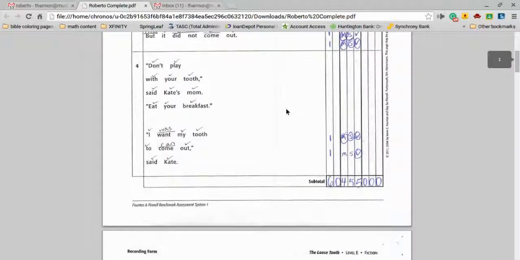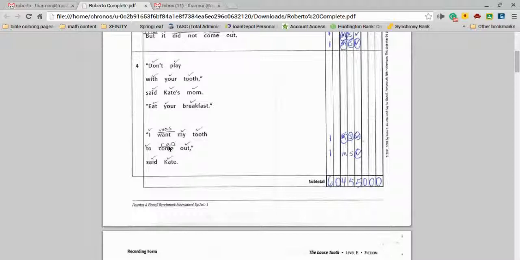So as we look at the next set of errors, we go to the beginning of this sentence. I was. Does that make sense? Yes. Does it sound right? Yes. Are there any visual similarities? Yes. So we mark M, S, and V. So we move to the next one. I want my tooth to can. Does it make very much sense?